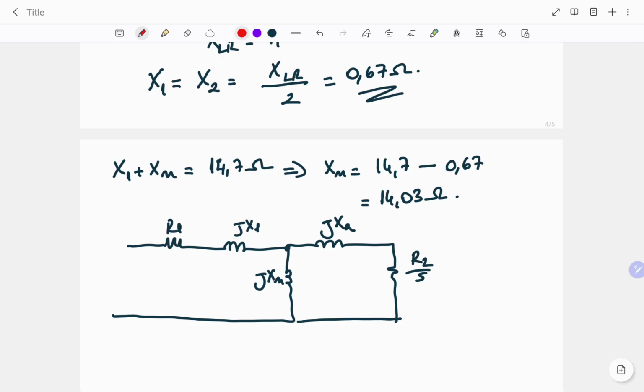For example, R1 will be 0.243 ohms, 0.67 ohms for X1 and X2, 14.03 for Xm, and the last one will be 0.151 divided by S. So this is the equivalent circuit with the parameters after we examined the determination of equivalent circuit parameters using the DC test, no-load test, and the blocked-rotor test.